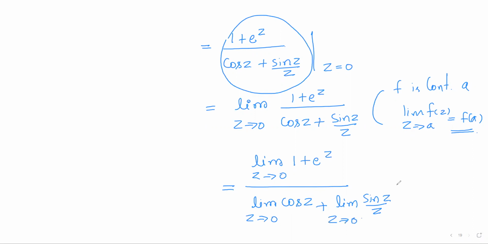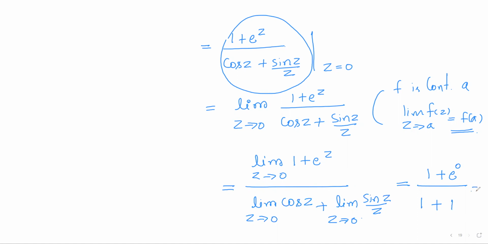approaches 0. As z approaches 0, 1 plus e to the power z approaches 2. Sorry, the numerator is 1 plus e to the power 0, right? The limit of cos z as z approaches 0 is 1, and the limit of sin z by z as z approaches 0 is 1.